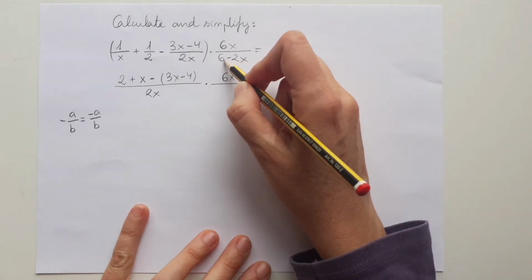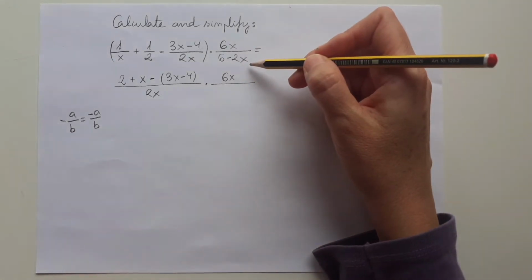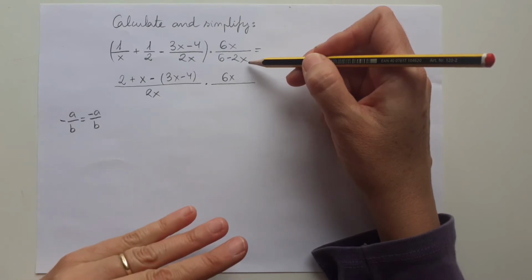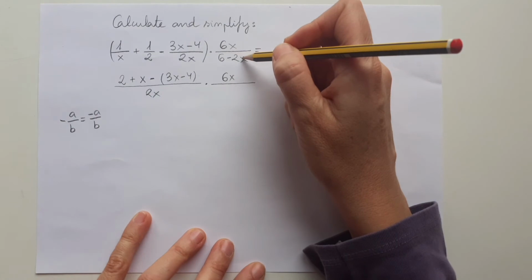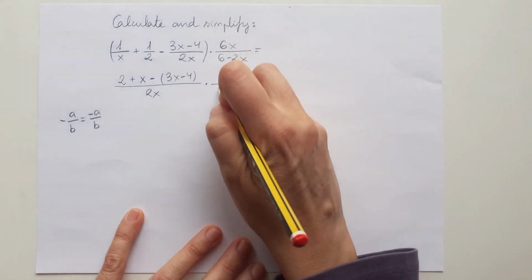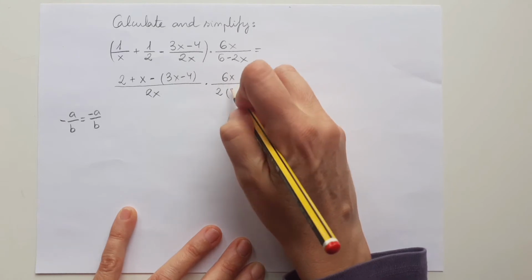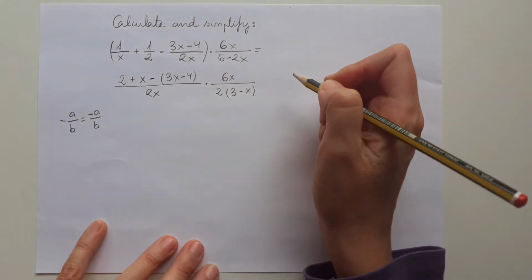So I have to factorize this polynomial. There are 3 ways, remember: extracting common factors, special products, and using Ruffini. In this case, we can clearly see that it is possible to extract a common factor, and the common factor is 2. So we extract 2, and it is 3 minus x, right?